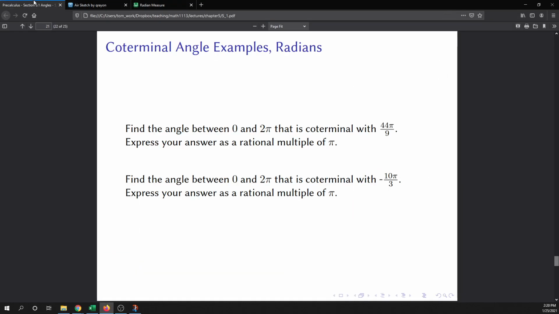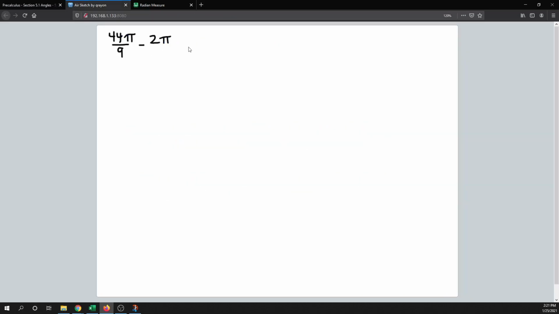So what we're going to do is start with 44 pi over 9, and we are going to subtract 2 pi from that and see what we get. In order to do that, you're going to have to subtract 2 fractions.